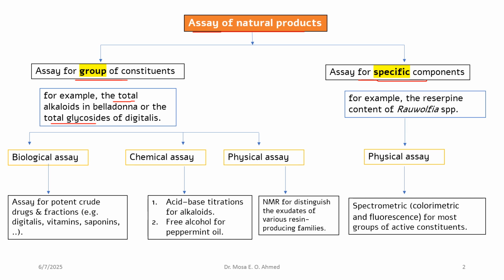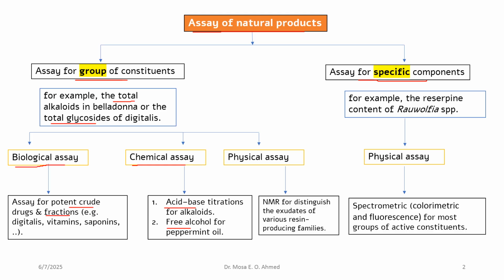This group of assays can include a biological assay, which is applied for potent crude drugs and fractions, such as determination of digitalis or vitamins or saponins based on their biological activity, or maybe by using chemical assays, which involve volumetric titration, acid-base titration, as example, or determination of free alcohol from peppermint oil.